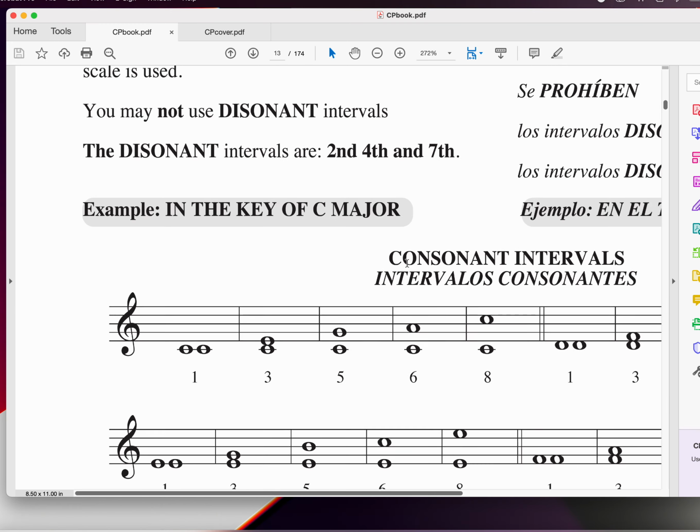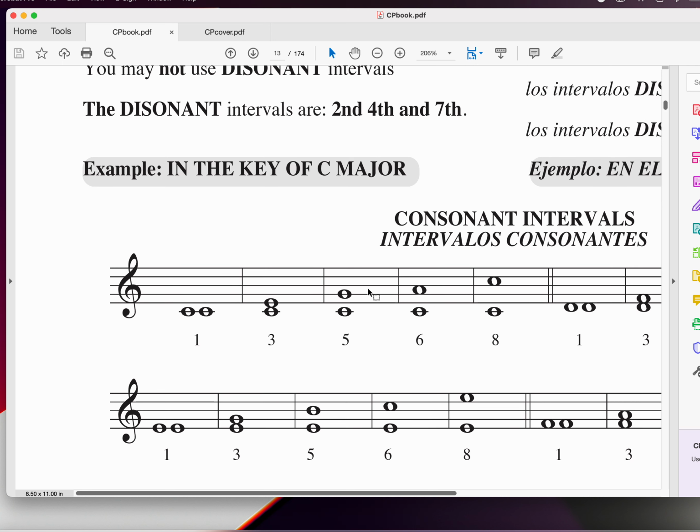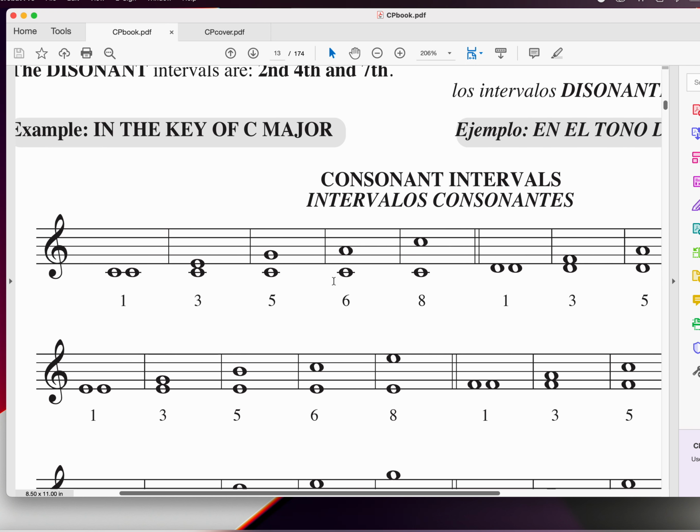For example, in the key of C major, a first is from C to C, a third is from C to E, a fifth is from C to G, and a sixth is from C to A, an octave is from C to C. I skipped the seventh because these are not consonant.